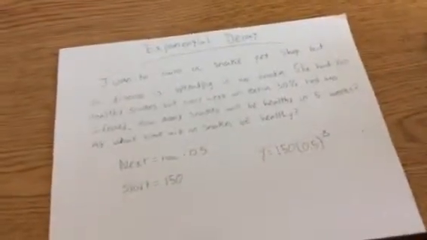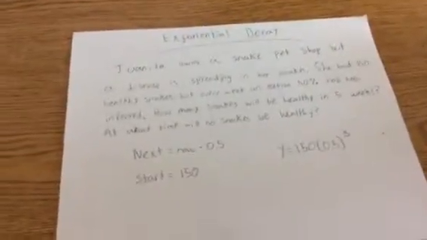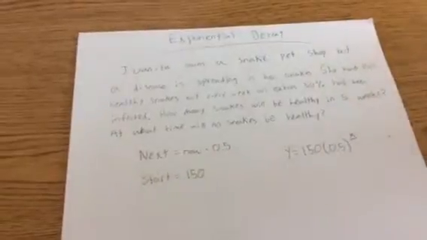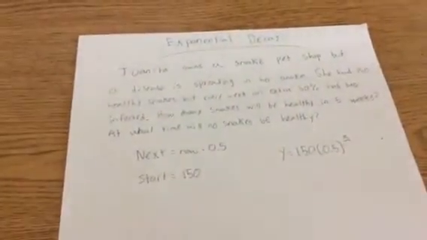This is exponential decay. Juanita owns a snake pet shop, but a disease is spreading in her snakes. She had 150 healthy snakes, but every week an extra 50% has been infected. How many snakes will be healthy in 5 weeks? And at what time will no snakes be healthy?